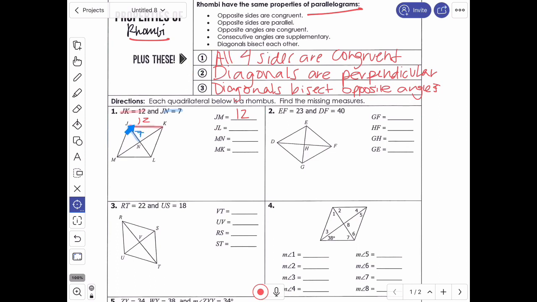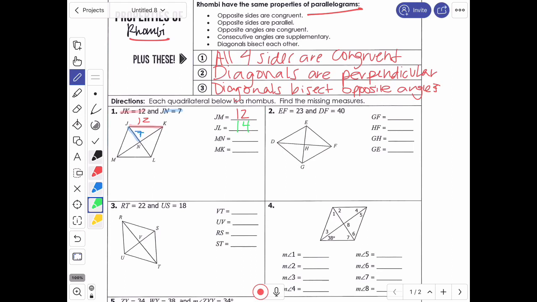So this same thing holds true, that this half of the diagonal should be congruent to this half. So a half plus a half, I'm going to take 7 and double it to get this whole diagonal. So 7 times 2 gives me 14 for JL. Okay.